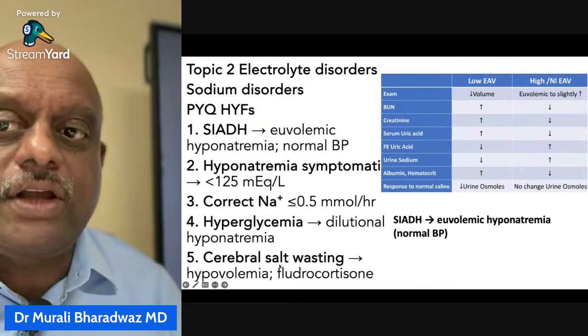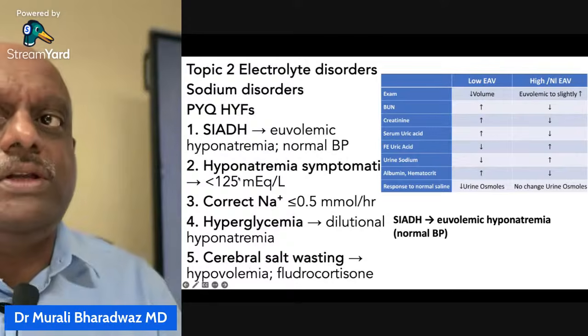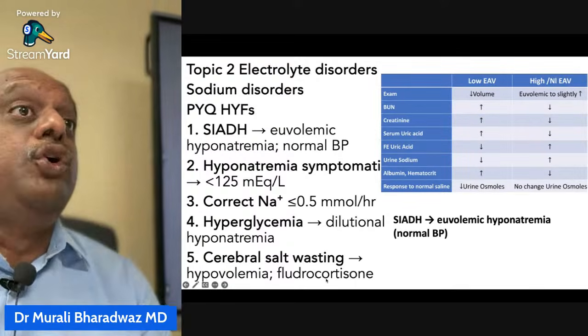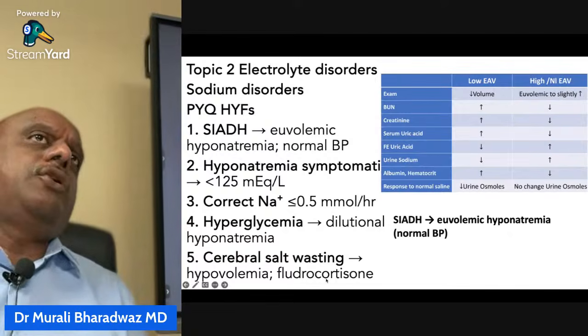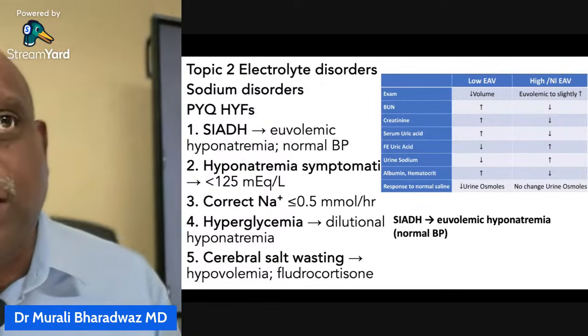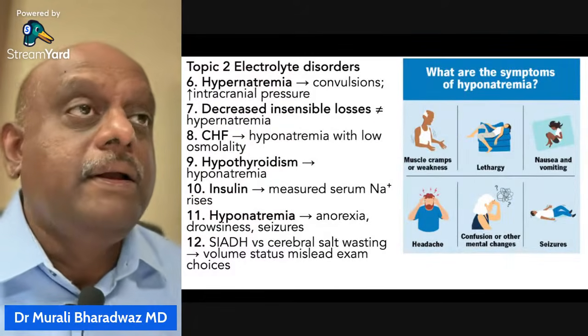That's the reason he is hypovolemic. And for cerebral salt wasting, which is a differential diagnosis to SIADH, we treat with fludrocortisone. What is the specialty of fludrocortisone? It is a steroid with salt retaining property, is what we need to remember.